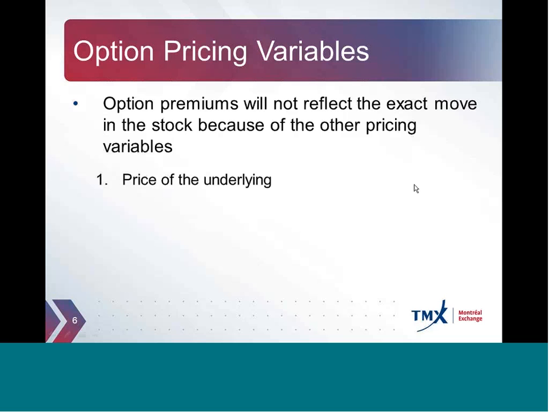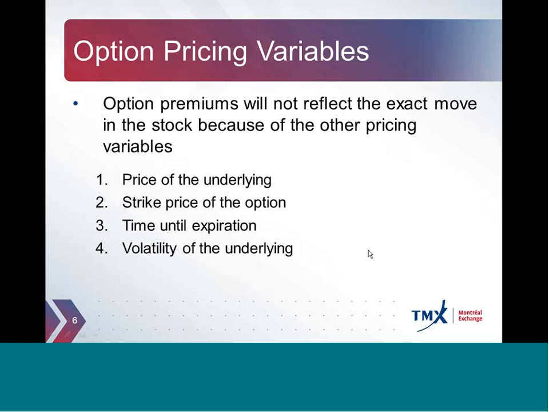That's because not only does the price of the underlying have an impact, but also the strike price of the option contract and its relationship to the price of the underlying security, the time until expiration, and the volatility of the underlying. By volatility, we mean just how significantly the price of the stock moves on a day-to-day basis, and the more volatile the stock is, typically the more expensive the option contract is. Dividends and interest rates are factored in as well.